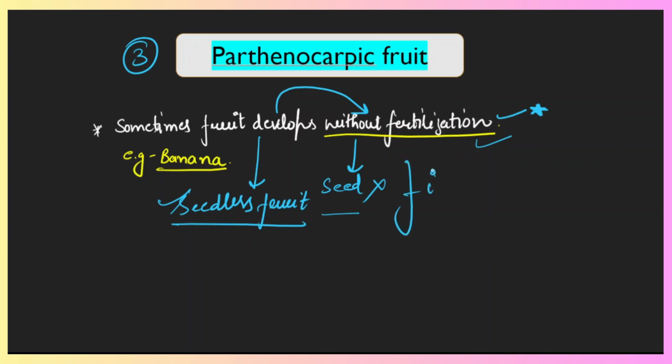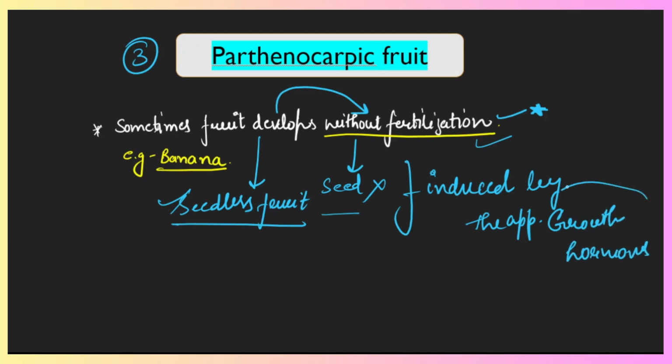Sometimes they are induced by the application of growth hormones. We know that there are multiple growth hormones present in the plant. So with the activity of the growth hormones, the parthenocarpic fruits are developed.